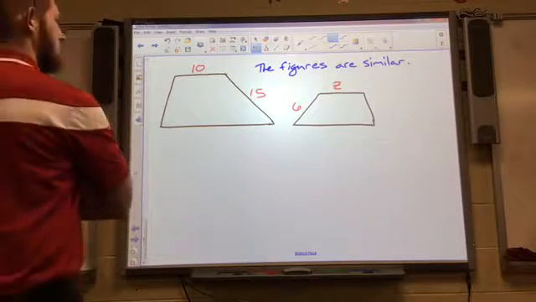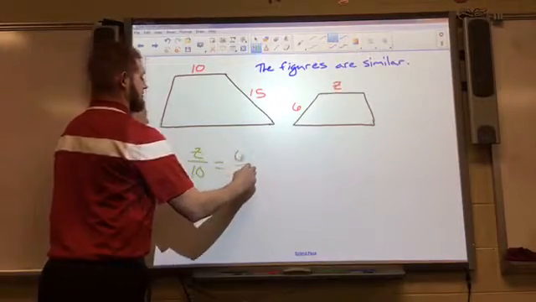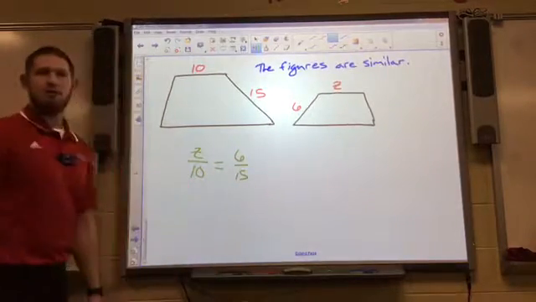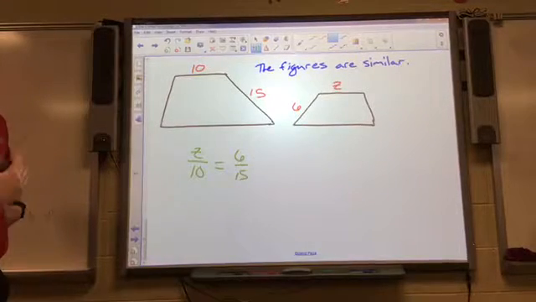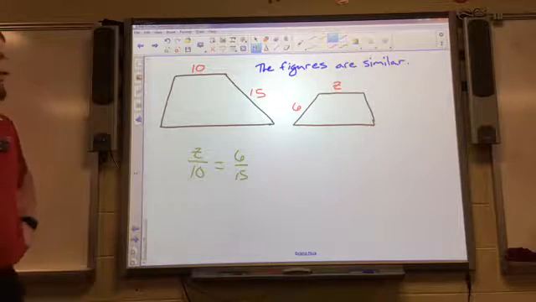Z over what? So Z over 10 is 6 over 15. Are there other ways to set that up? Yeah, that's not how I'd have done it: 10 over 15 and Z over 6. Is that okay? Sure, that's fine. There's multiple ways to set this up.